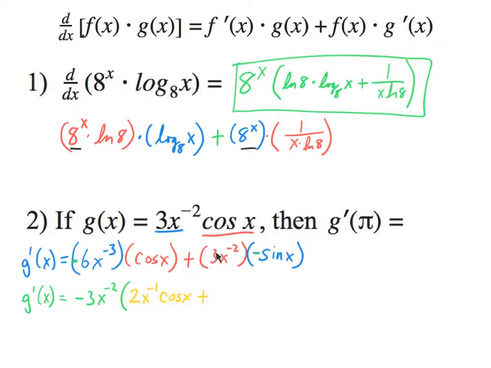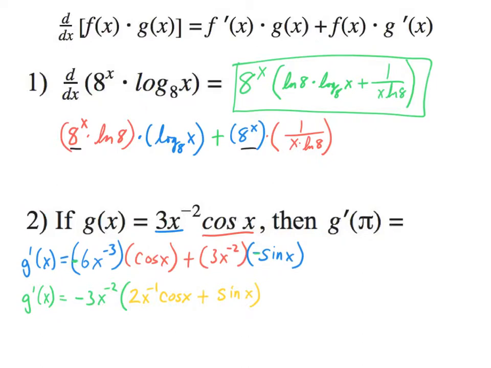We took this whole thing out, but we still have a sine. So we still have sine of x. That right there would be a simplified version. Now we could also get rid of the negative powers, but I'm going to leave it like that.